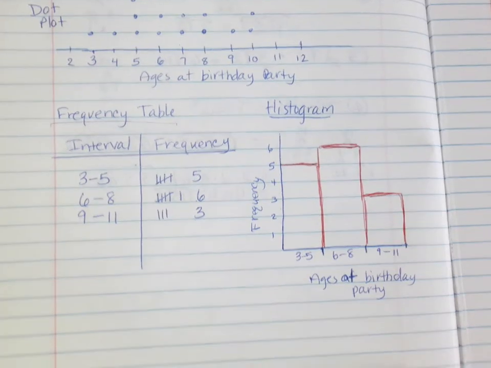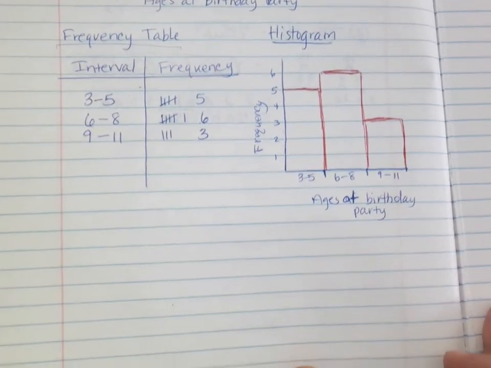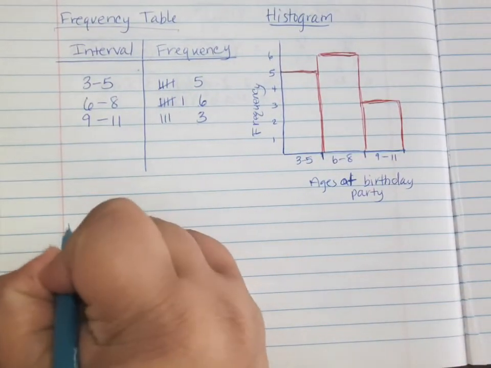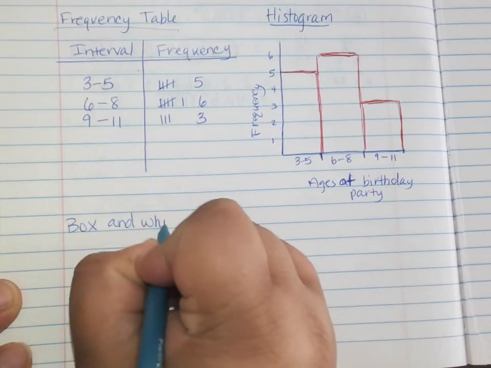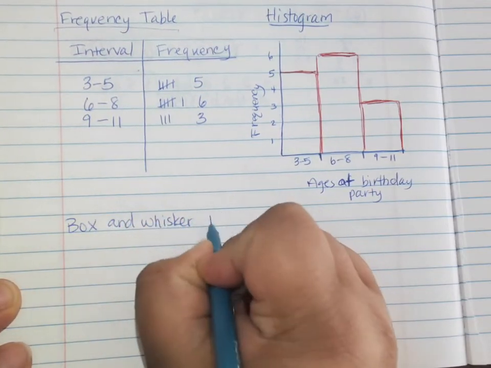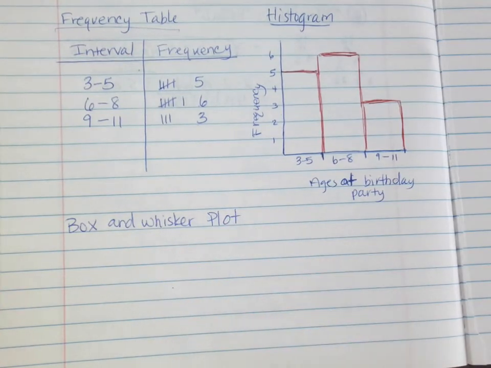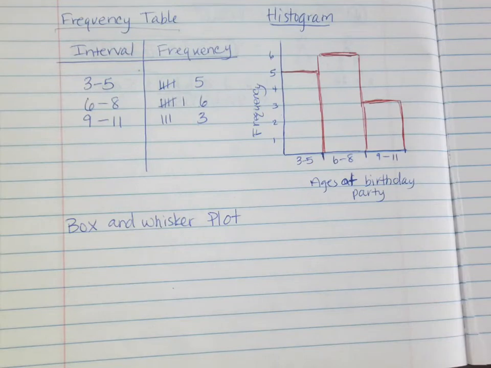And the last thing we're going to talk about is a box and whisker plot. So for this, you kind of need to know all the mean, median, mode stuff that we talked about in the last video. That kind of helps with this.